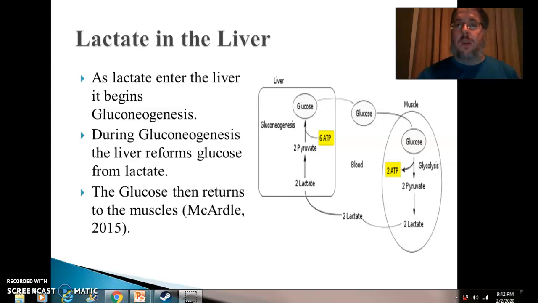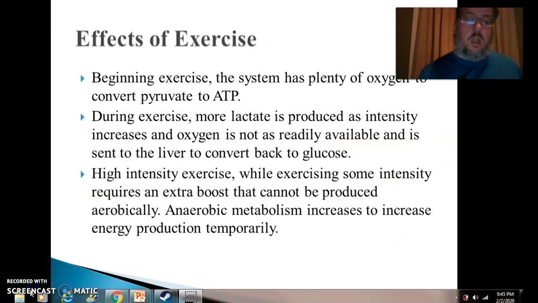During this process, though, it takes 6 ATP to form the glucose from the lactate. Once the glucose is formed, it re-enters the bloodstream and goes back to the muscles to be used again to form ATP, and to work.